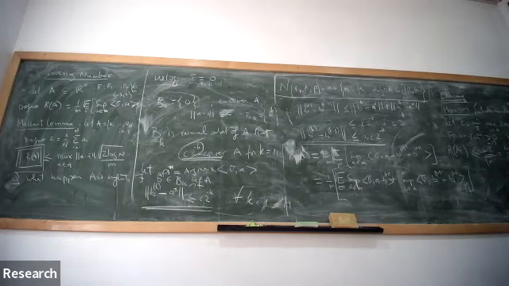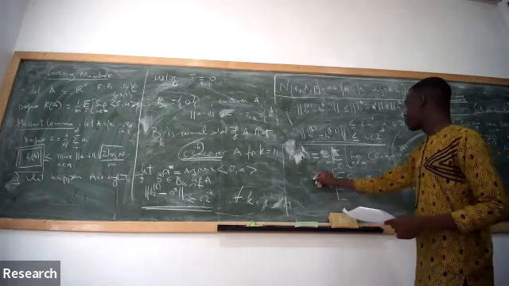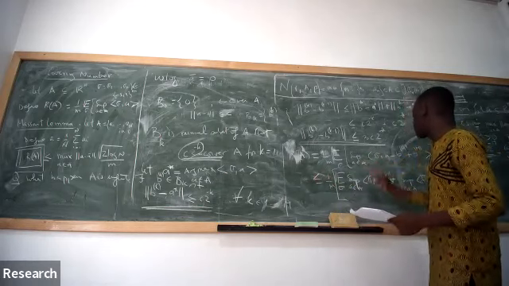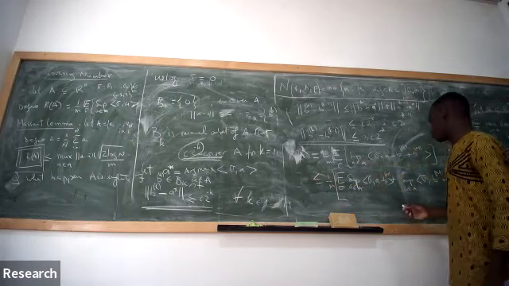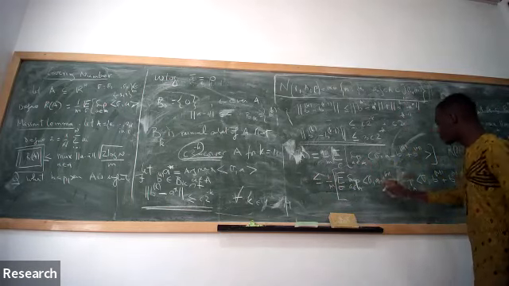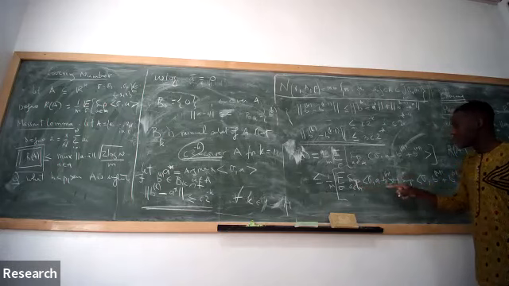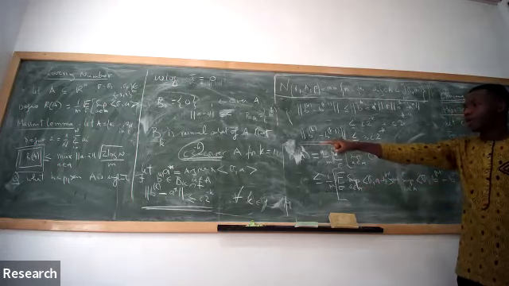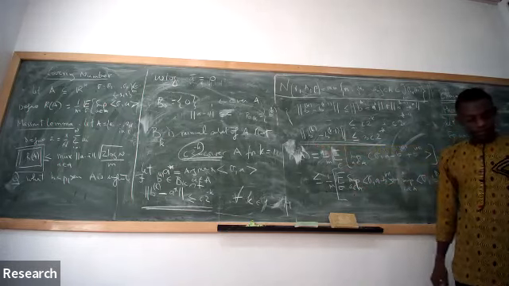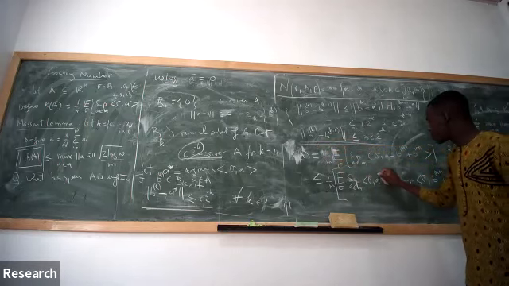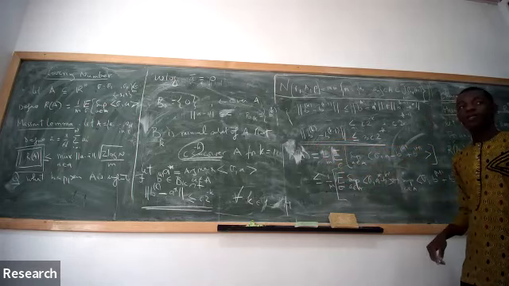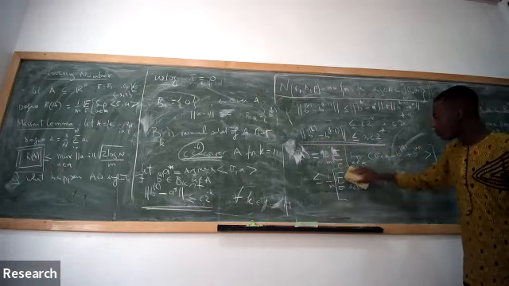Because of the supremum that I'm taking, remember I already take A star as the maximum of those, so I can just take A star as the maximum and remove the supremum.